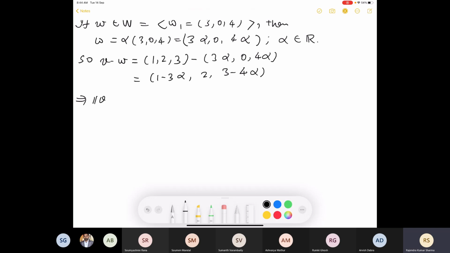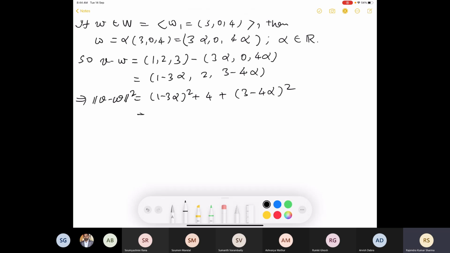And if I take the norm square of V minus W, that will give you these squares: (1 minus 3 alpha) square plus 4 plus (3 minus 4 alpha) square.